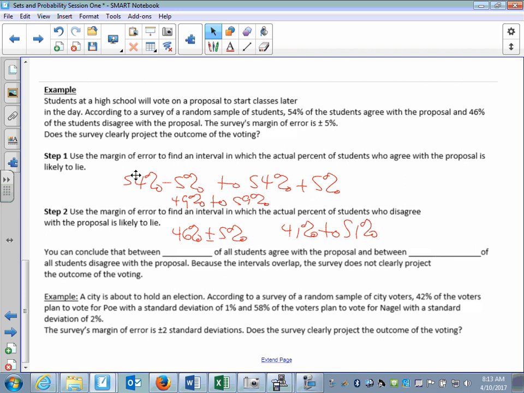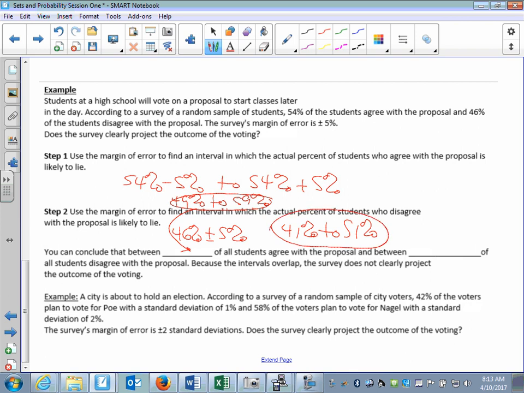They have a common endpoint here, but the idea is both of the intervals include 50%. So actually, this would be the interval that we would put here, because they're the students that agree, and this would be the interval we would put here, because they're the students that would disagree.